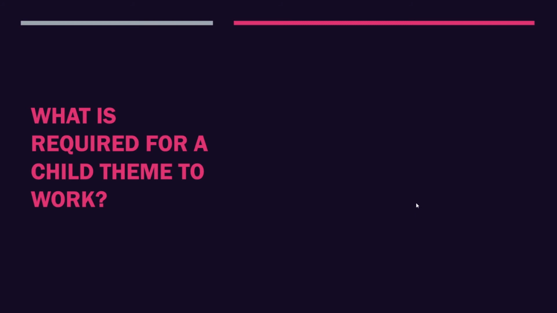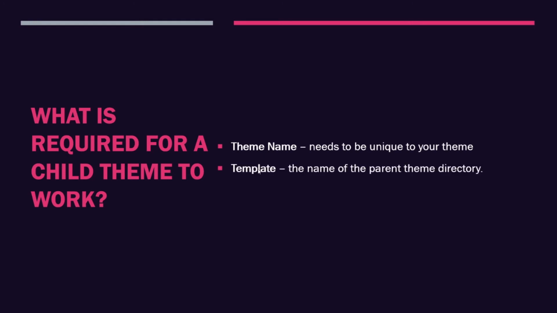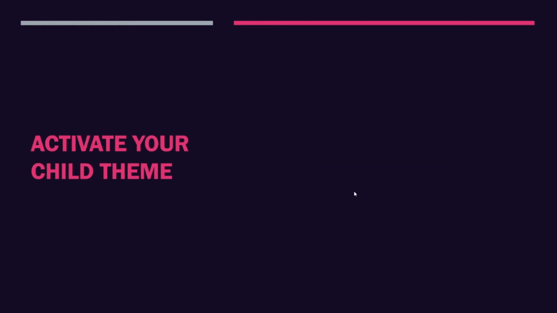Within the style.css file, you have to add the theme name, and you have to add the template. That's the name of the parent theme directory. So we'll show you how you do that right about now.